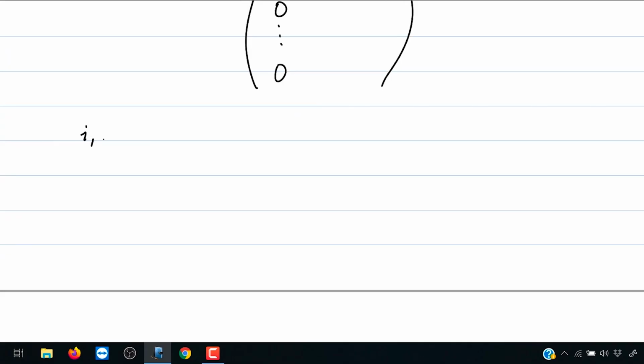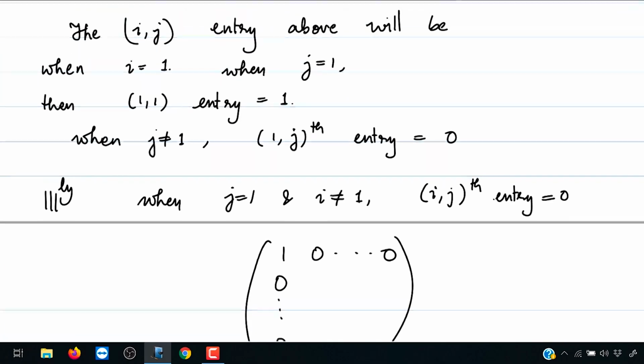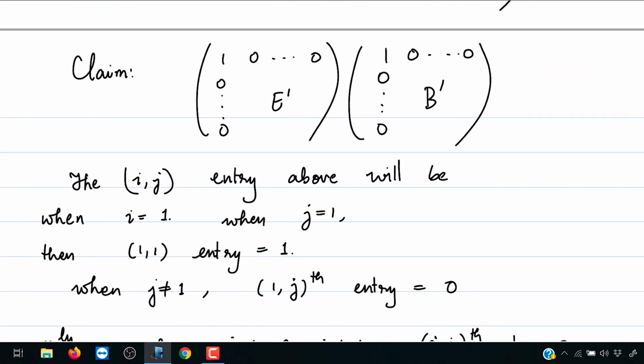The ij entry, when i is not equal to 1 and j is not equal to 1, will just be the ith row here, which is the (i minus 1)th row of E prime, and the jth column will be the (j minus 1)th column of D prime.